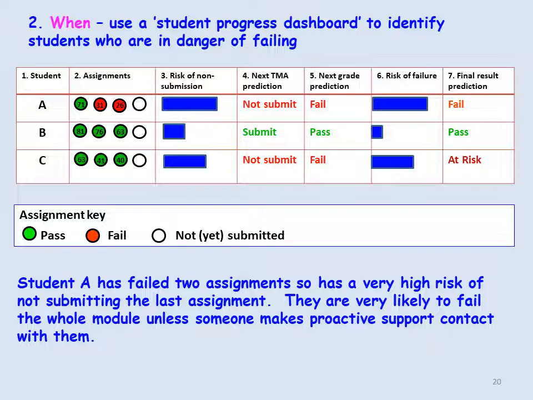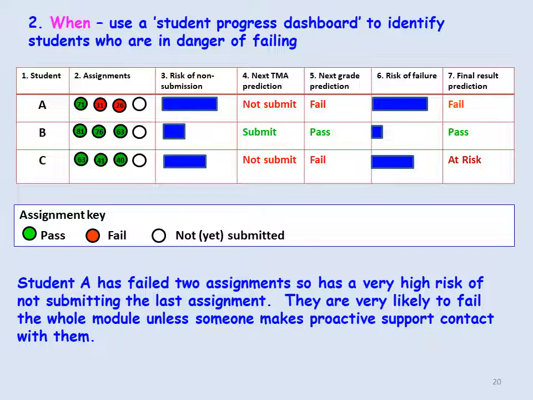So you can see that student A has failed 2 assignments already, so has a very high risk of either failing or not submitting the last assignment. So they are very likely to fail the whole module unless somebody steps in and supports them.